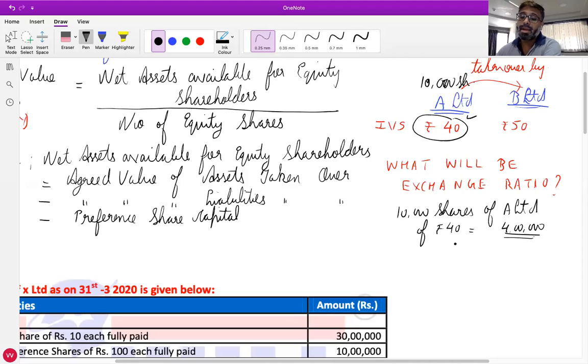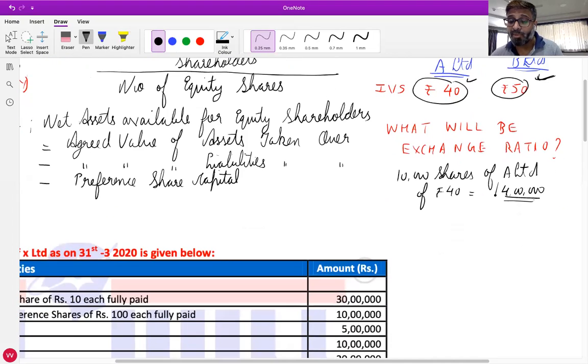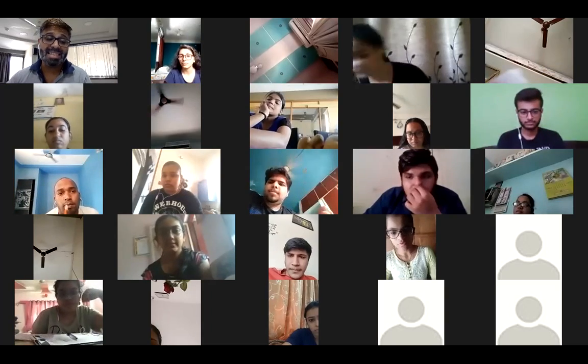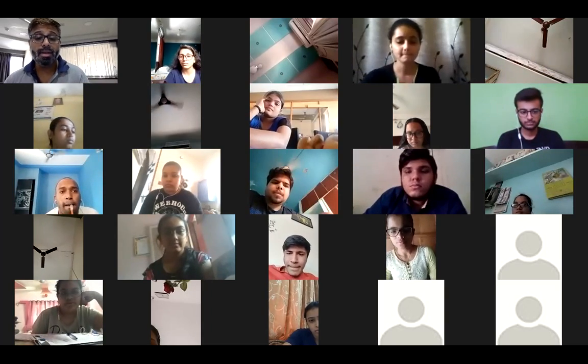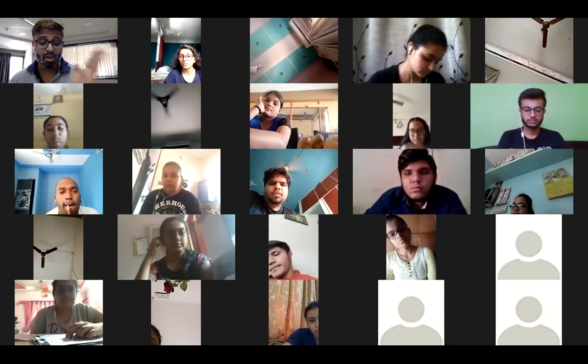Now in B Limited, you are going to give them shares which are of 50 rupees. Do you get the point? The same 4 lakhs you are going to give in B Limited, but in shares of value 50 rupees. So should you give a lesser number of shares or not? A Limited's share value was 40 rupees.